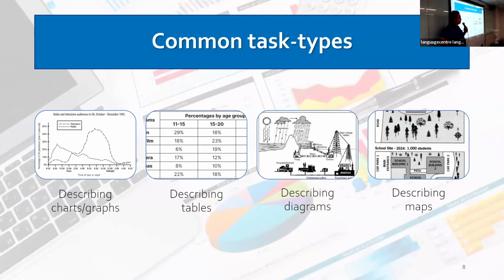Okay, at the beginning of the workshop, I mentioned that there are 4 types of tasks in IELTS Writing Task 1. You may be told to describe a chart, a graph, or a table. These are more quantitative. Or you may be told to describe some qualitative data like a diagram or a map.